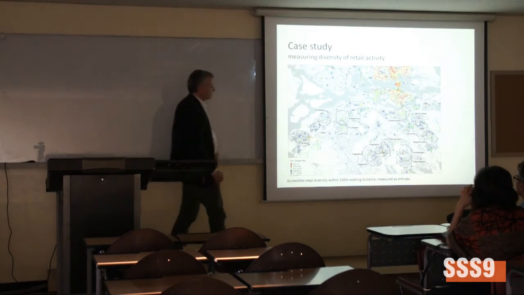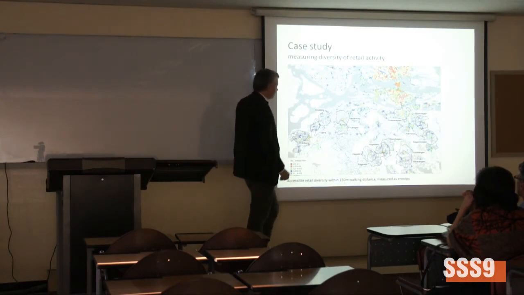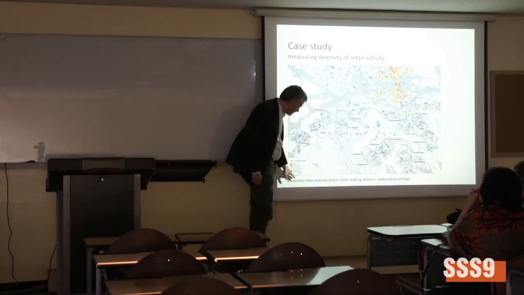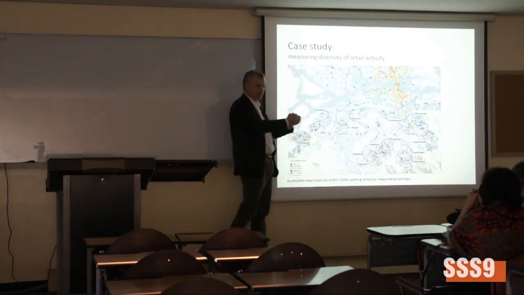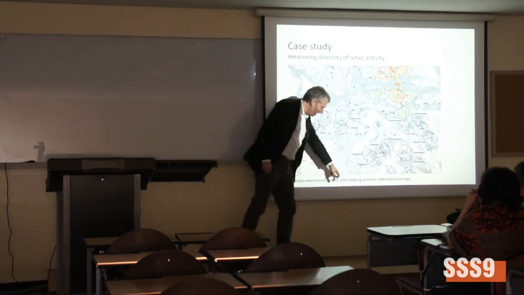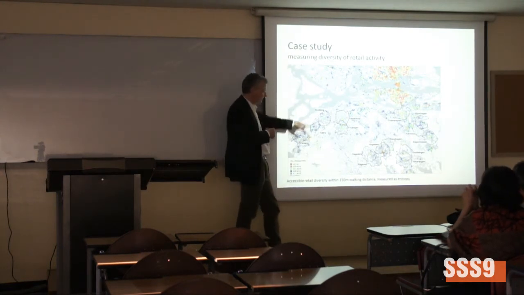And first of all, this also shows what you can do with the space syntax tool. This is a rather unusual calculation. It's measuring diversity of retail activity. What it is more precisely is the accessible retail diversity. That is having the measurement of diversity and measuring the accessibility to that within 150 meters walking distance. Very, very close in this particular case.